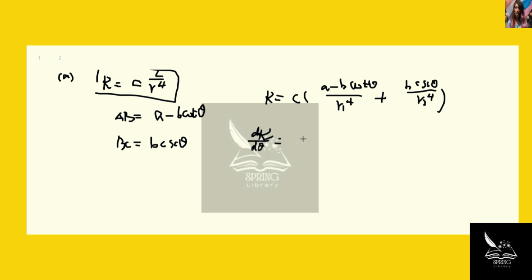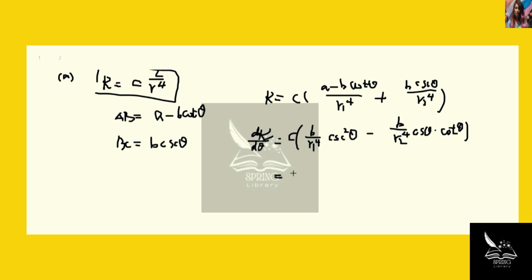This is equal to C times b over R1 to the power of 4 times cosecant squared theta minus b over R2 to the power of 4 cosecant theta times cotangent theta.